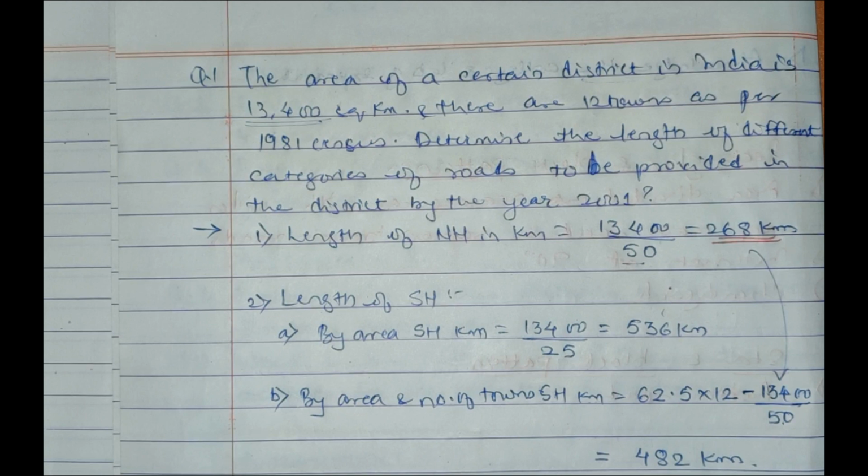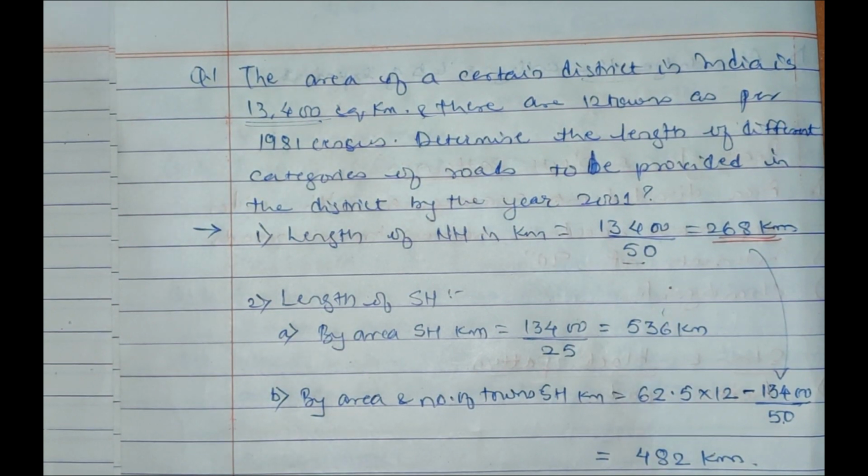So to determine the length of the different categories of the roads as per the third road plan, first we'll have to calculate the length of the national highway in kilometers. To calculate it, we'll have to divide the total area of the district by 50 as per the recommendations of the third road plan.